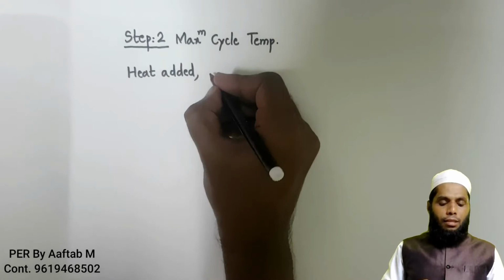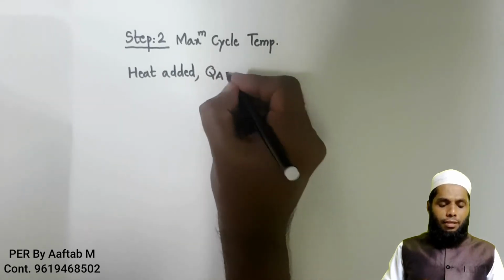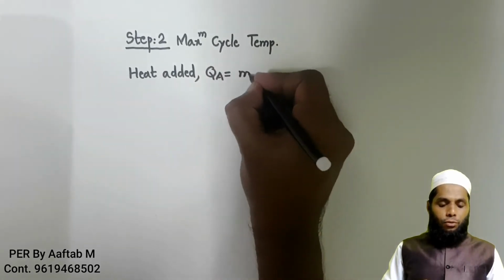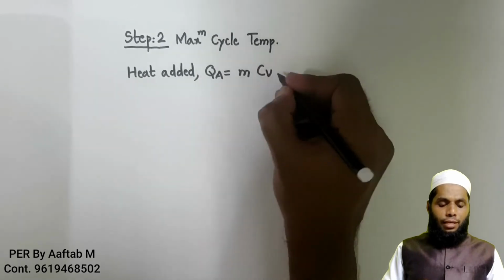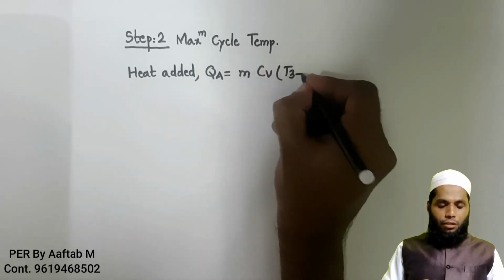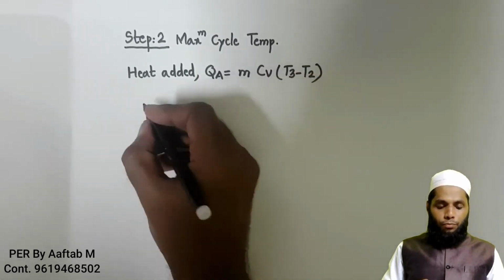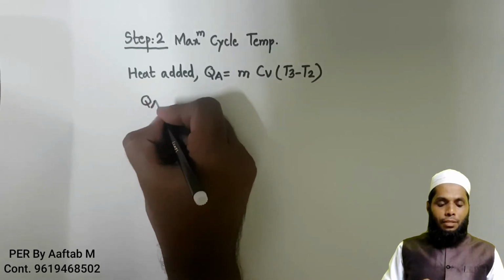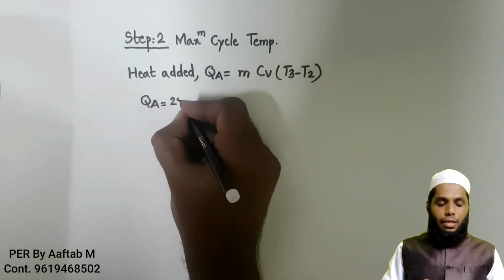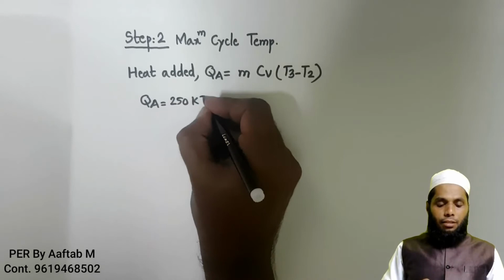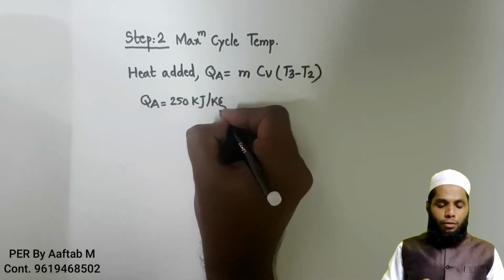The maximum cycle temperature is at point number 3, that is T3. So by the relation of heat added, QA is equal to m CV into bracket T3 minus T2.